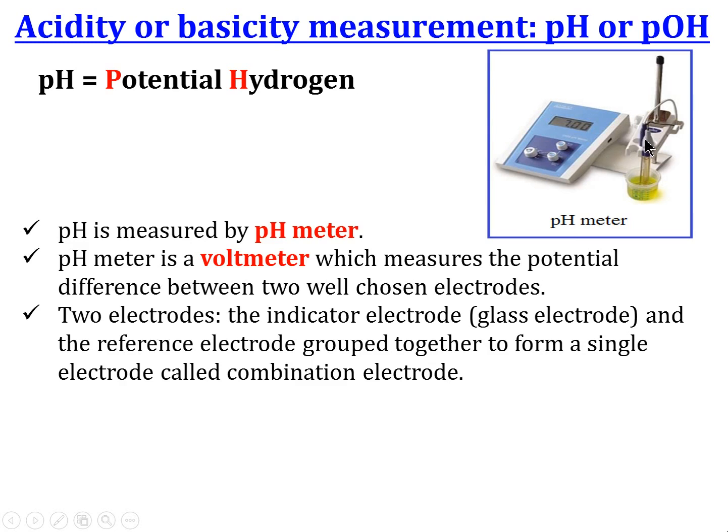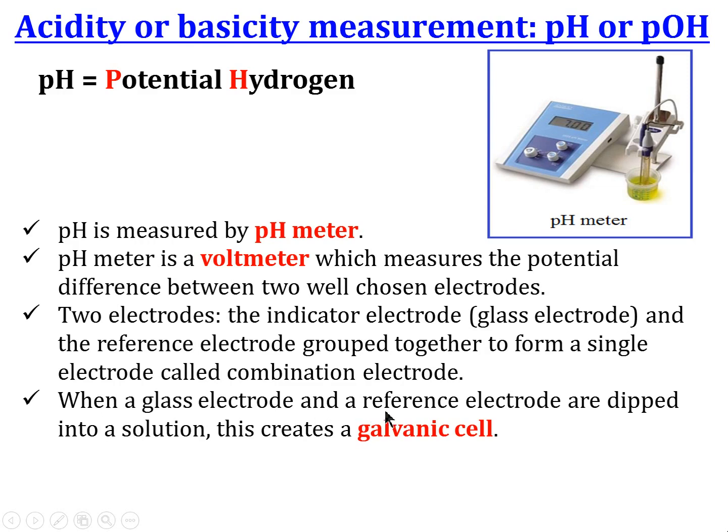We have two electrodes, the indicator electrode or the glass electrode and the reference electrode, grouped together to form a single electrode called combination electrode.